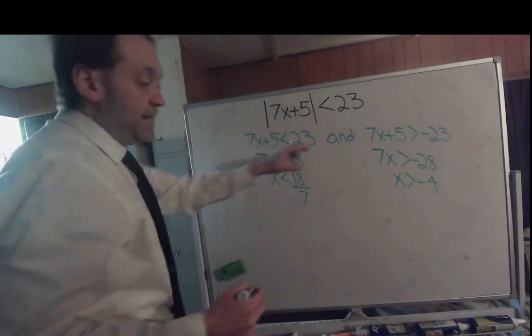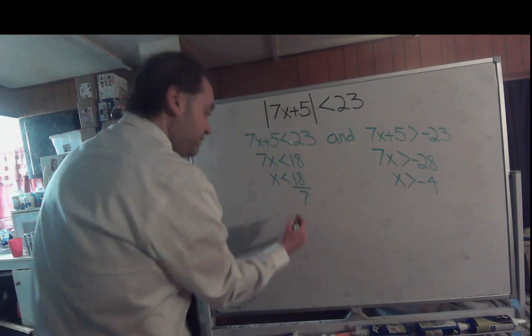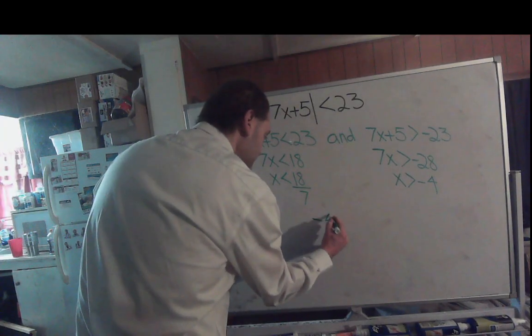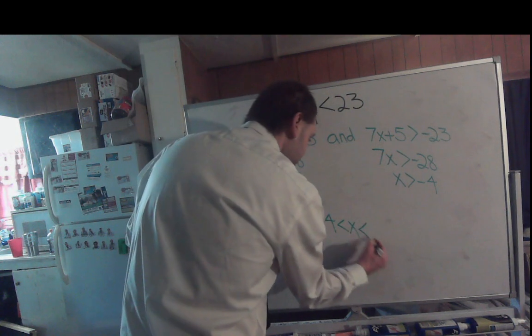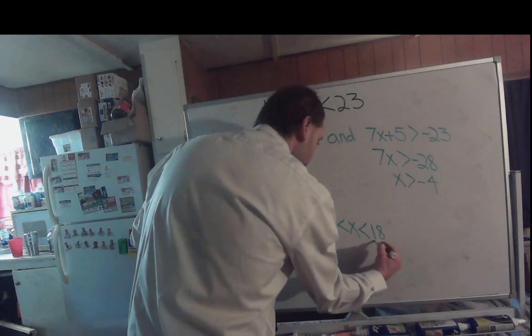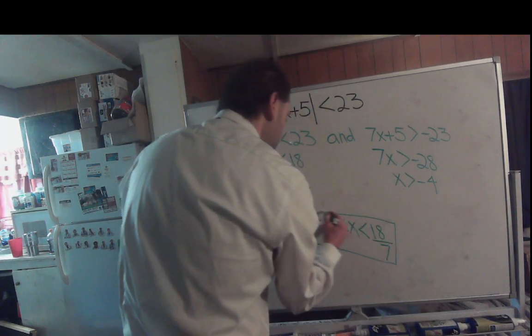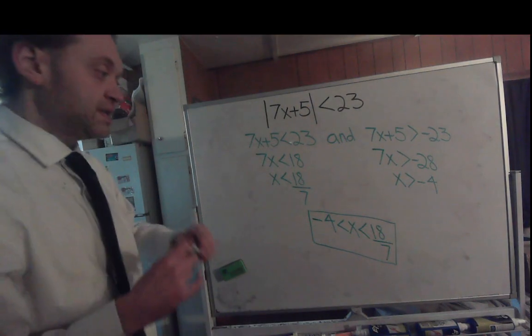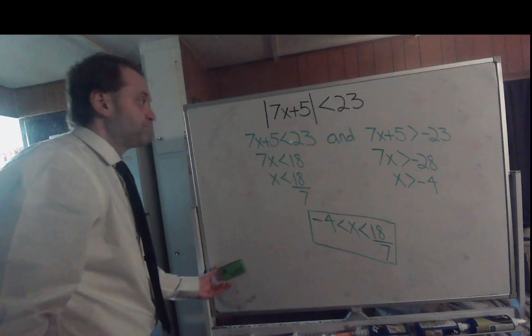Since you have and, you'll have a compound inequality. If x is greater than negative 4, that means negative 4 is less than x, and then x is less than 18/7. So the solution to this inequality is that negative 4 is less than x, which is less than 18/7.